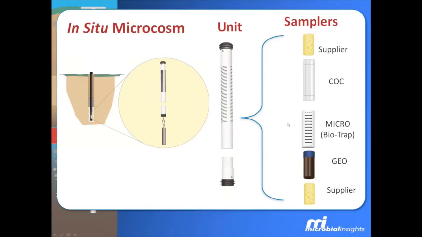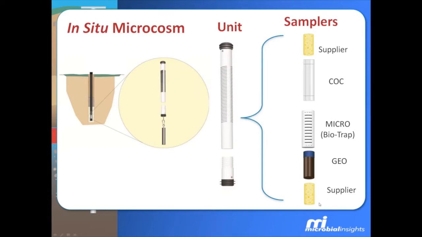Now, there's other types of biotrap designs. For example, Microbial Insights also markets what they refer to as an in situ microcosm, which is an enclosure like the one that you see here that contains several different things, including a biotrap. This particular biotrap is about 3 inches long and about 1 inch in diameter. But in these in situ microcosms, you can also have other types of passive sampling devices for contaminants, for geochemistry.